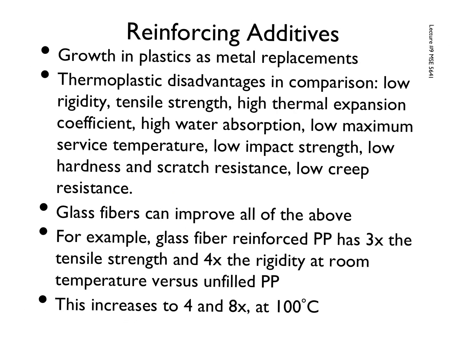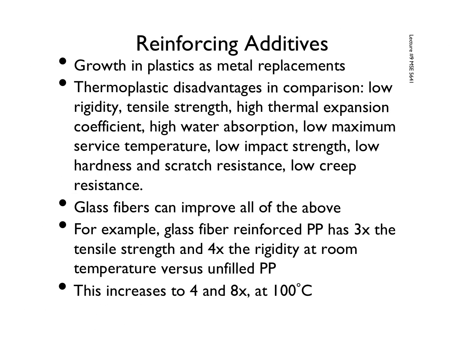All right, and so these reinforcing additives are part of the reasons why there's been such a growth in plastics as metal replacements. And so we have replaced aluminum in the 767 with these composites because we have a polymer matrix and engineered inorganic reinforcements of that polymer matrix that gave us something that's lighter than aluminum.